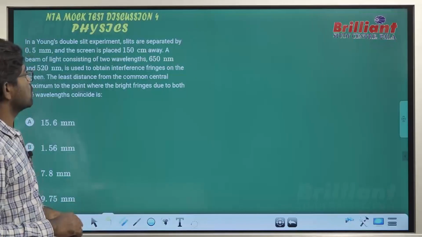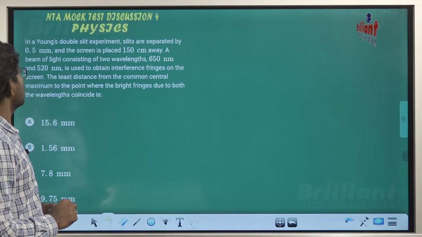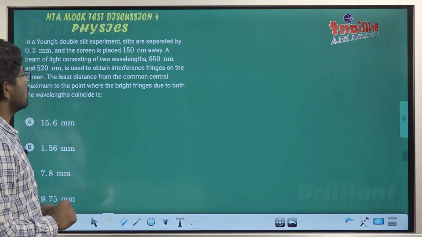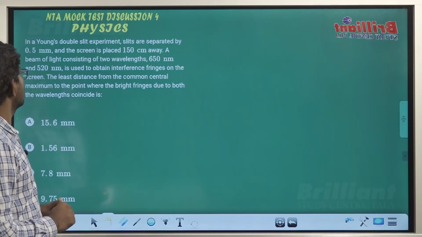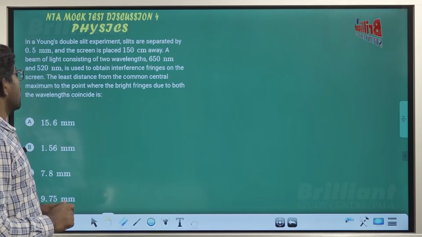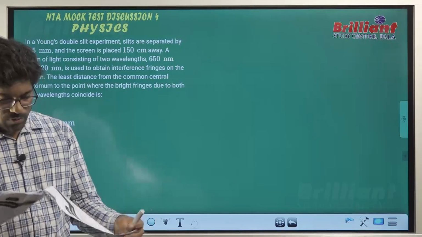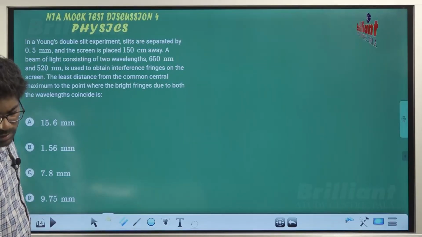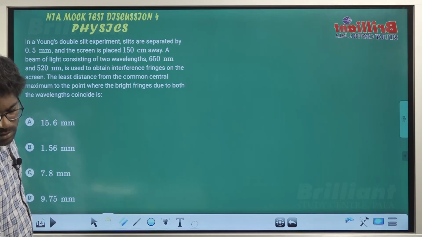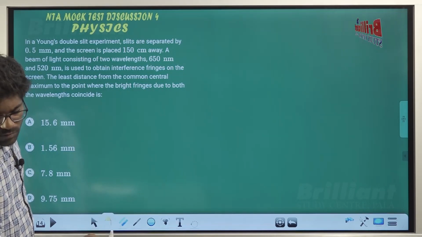Young's double slit experiment. Slits are separated by 0.5 mm and the screen is placed at 150 centimeter away. A beam of light consisting of two wavelengths. The question number 42. 0.5. The screen is placed 150 centimeter away. A beam of light consisting of two wavelengths is used to obtain interference fringes on the screen.